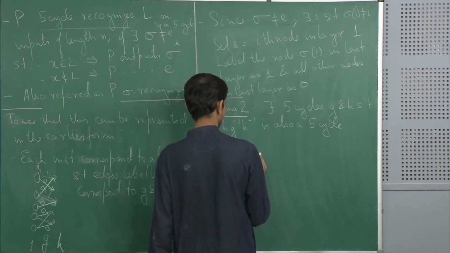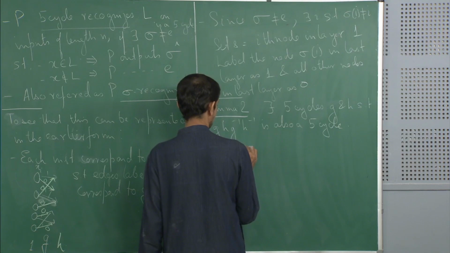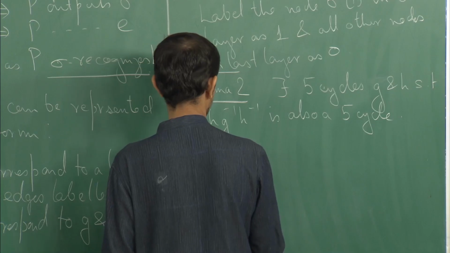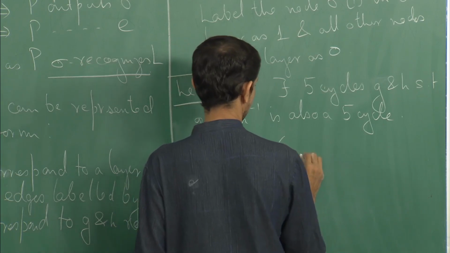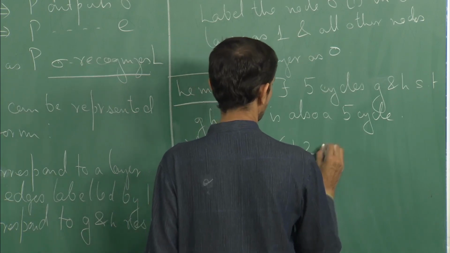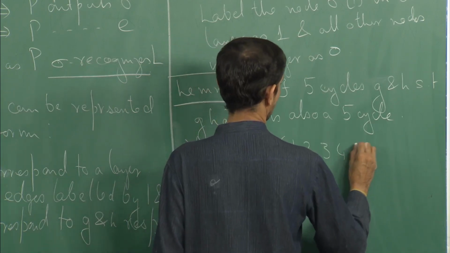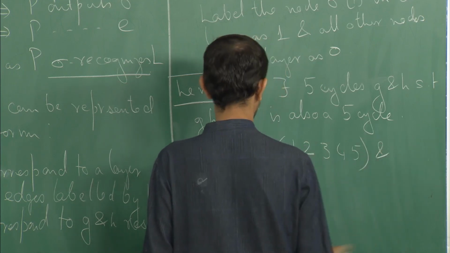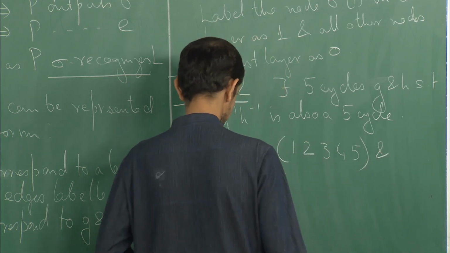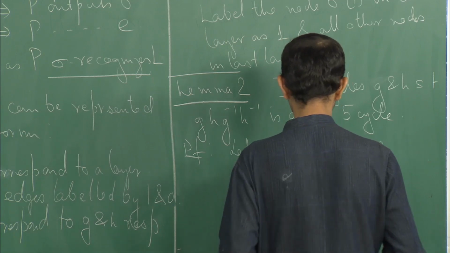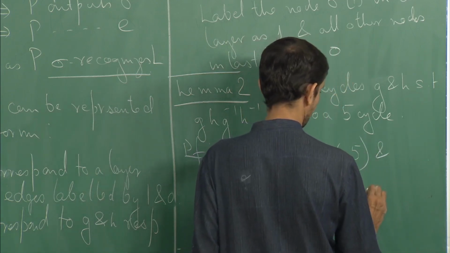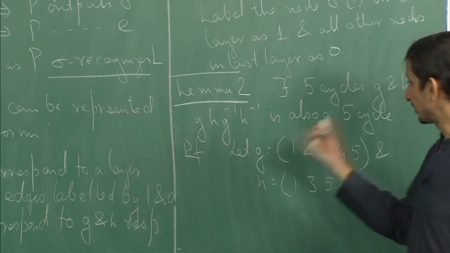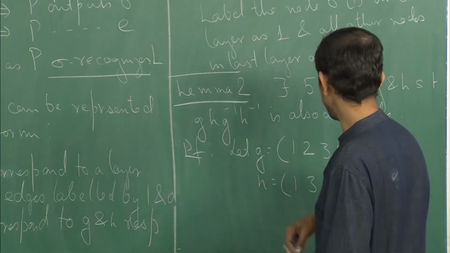constructing two 5 cycles. So, the first 5 cycle would be, let us say, let G be the 5 cycle 1, 2, 3, 4, 5, and H be the 5 cycle 1, 3, 5, 4, 2. Now, we correspondingly have G inverse and H inverse.